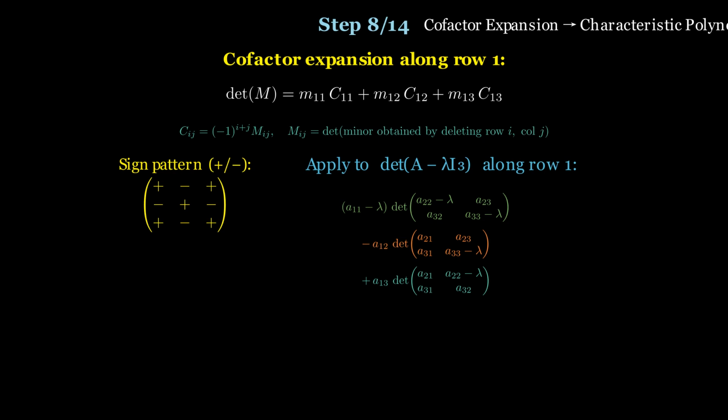The sign pattern for a 3x3 matrix alternates plus, minus, plus across the top row. Applying this to A minus lambda I, the first term is A11 minus lambda times its 2x2 minor. The second is minus A12 times its minor. And the third is plus A13 times its minor.